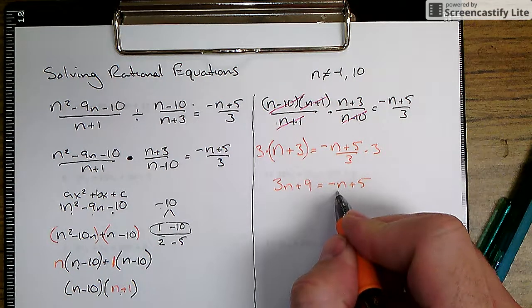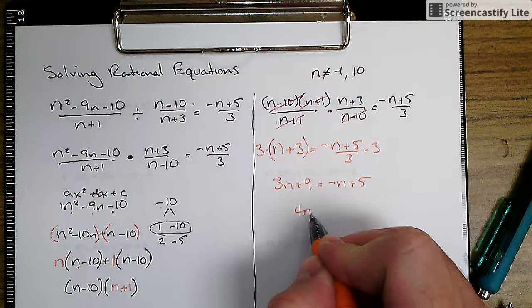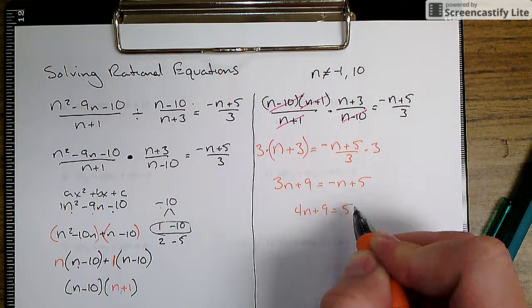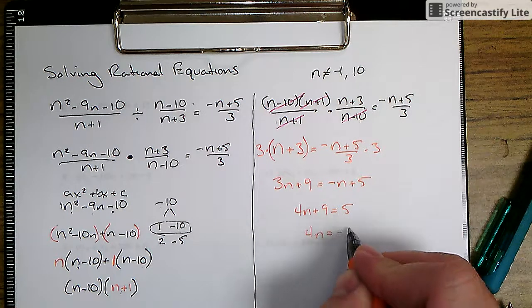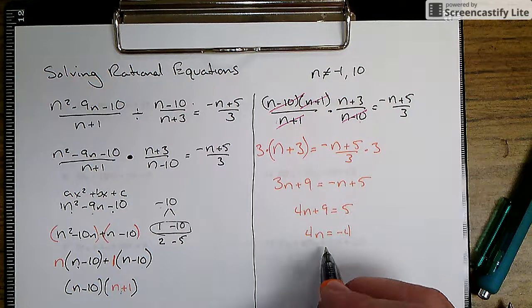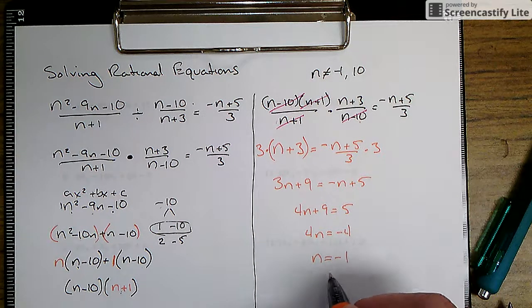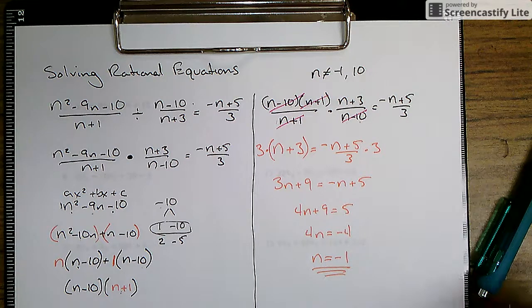So add n to both sides. 4n plus 9 equals 5. Subtract 9 from both sides, 4n equals negative 4. Divide both sides by 4, and I get n equals negative 1. Now, look back.